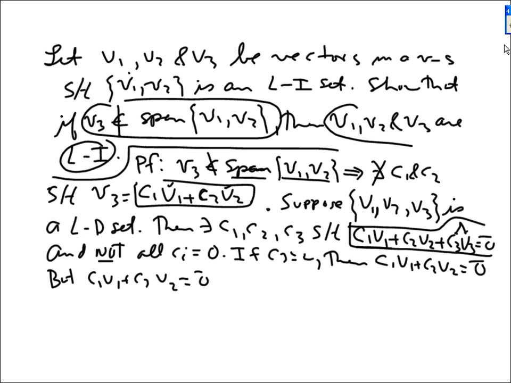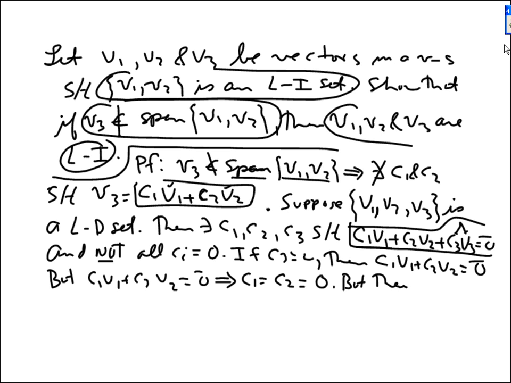So if this linear combination of V1 and V2 gives you the 0 vector, then C1 equals C2 equals 0. But then C1 equals C2 equals C3 is 0.